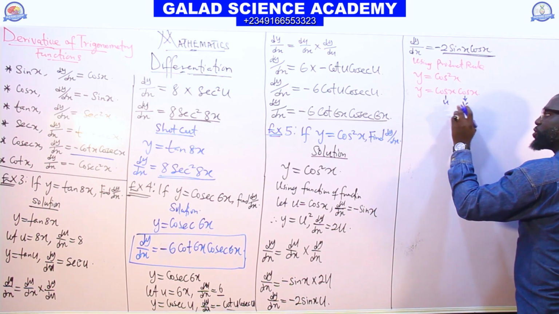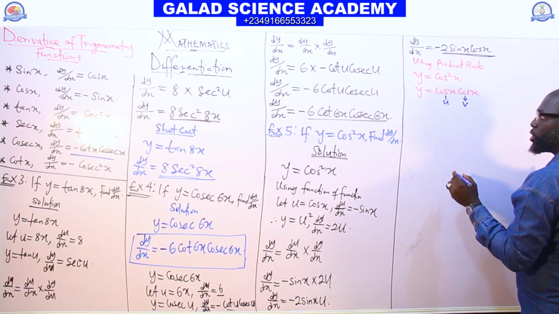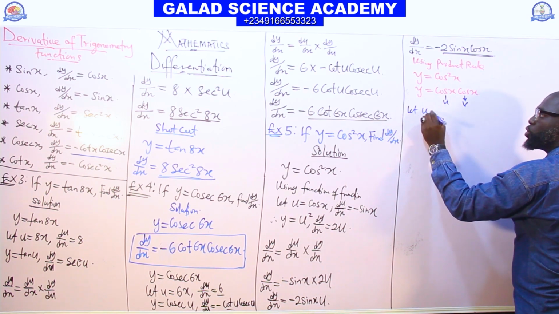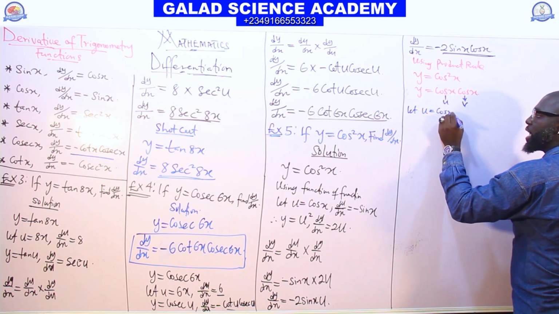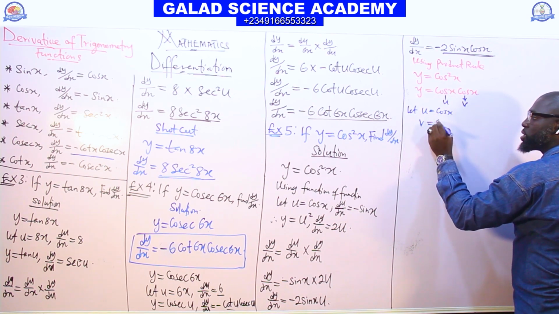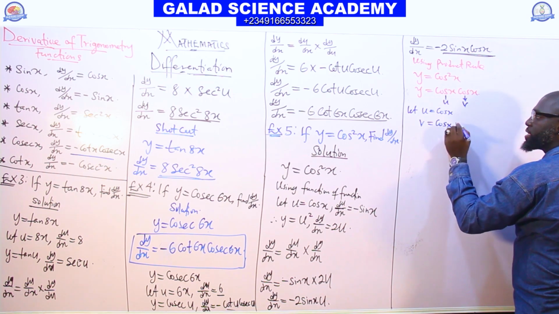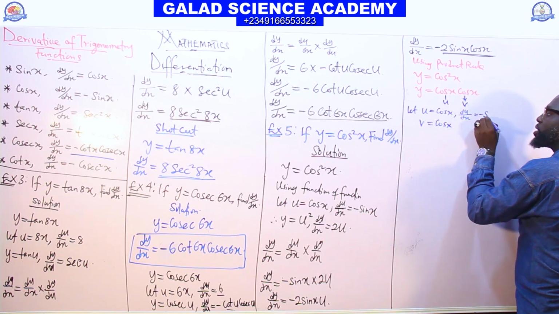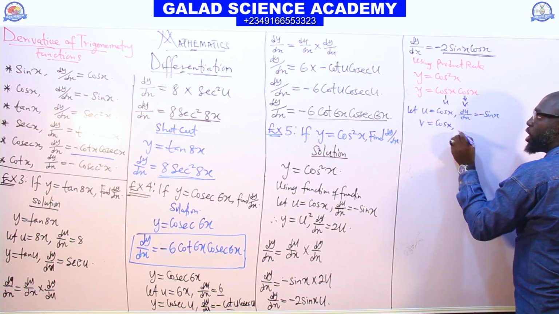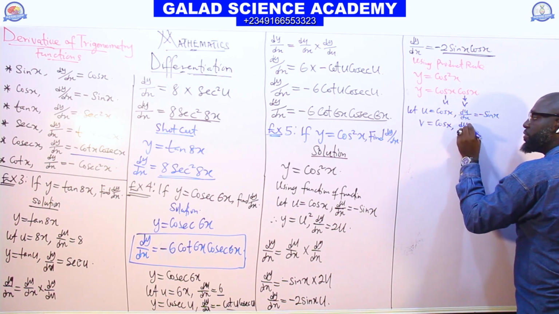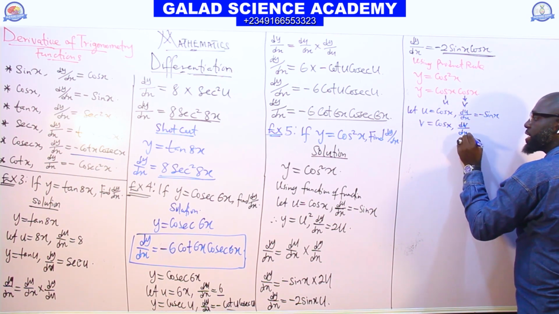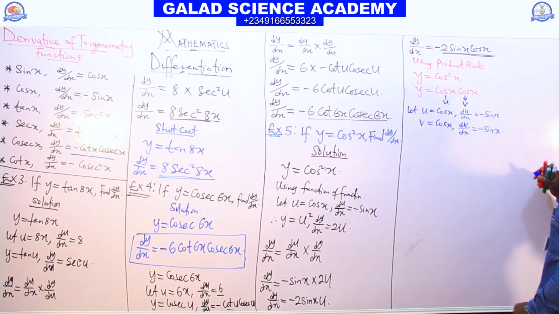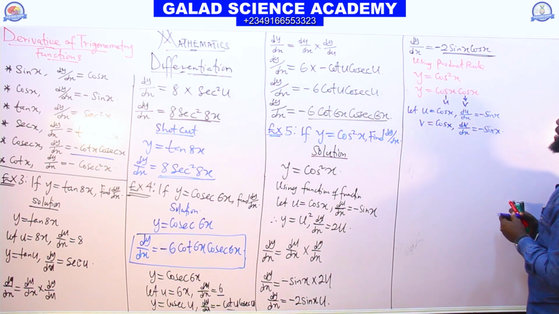So if this one is u and this one is v, that is a product. Product rule. Let u equal cos x, and v equal cos x. The du/dx here is minus sine x, and dv/dx here is also minus sine x.